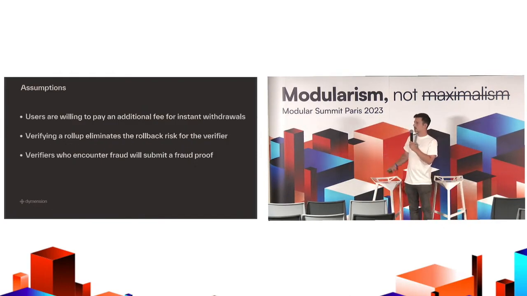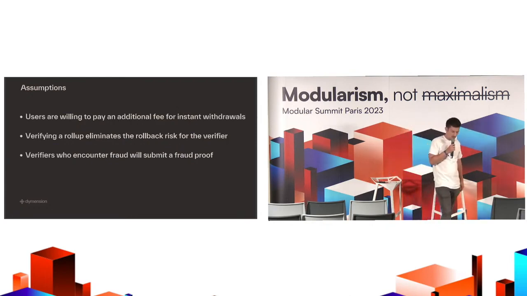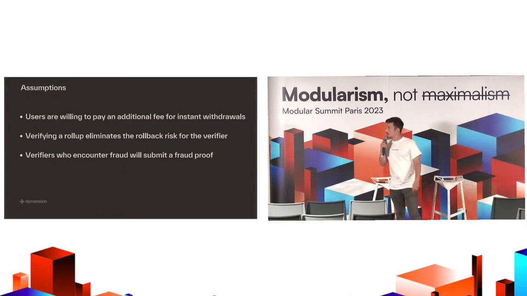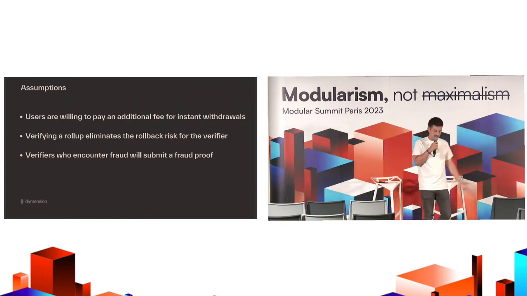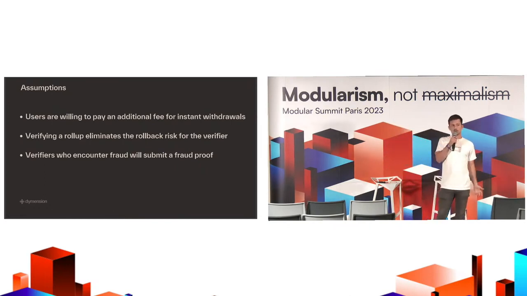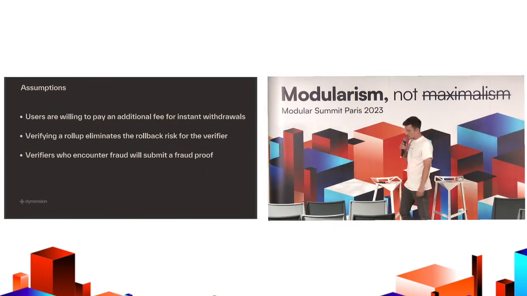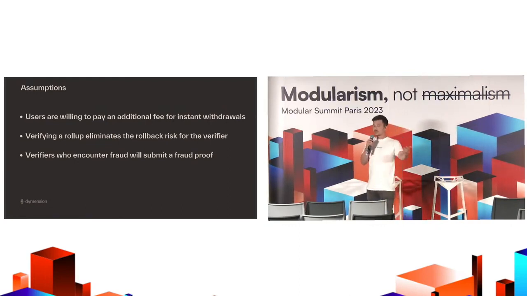Let's understand how it works in detail. For that, we need to address the assumptions. The first assumption is that users are willing to pay an additional fee for instant withdrawals. This is obvious. If you want to get out of a rollup, or out of an exchange, you would pay a little bit more to get out. You would pay a fee.